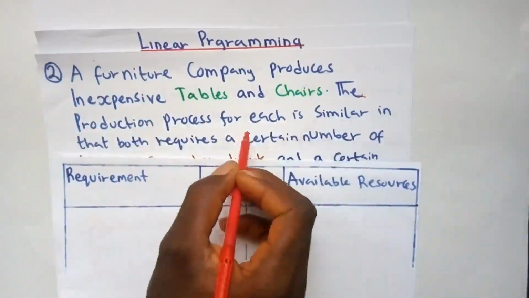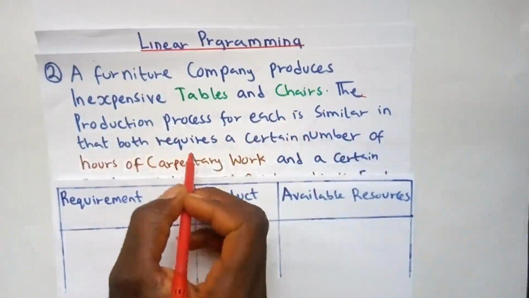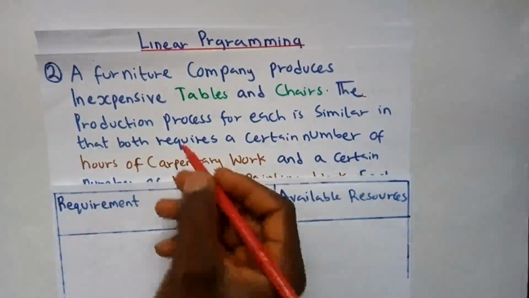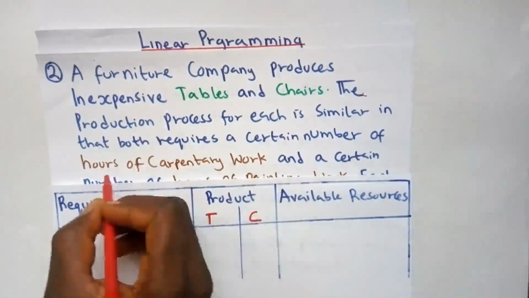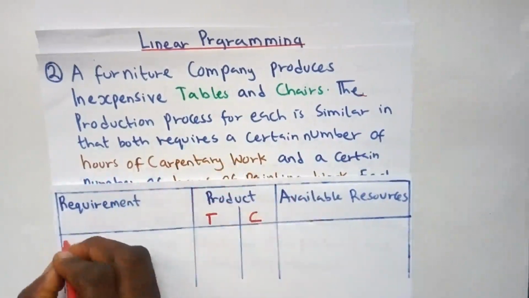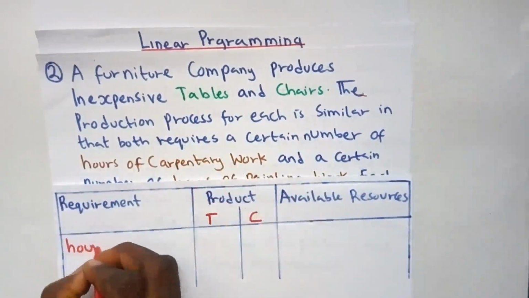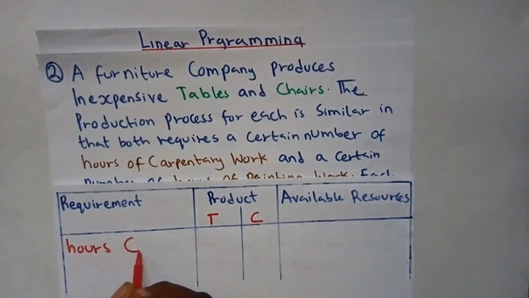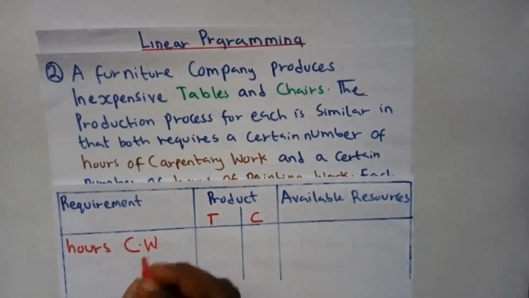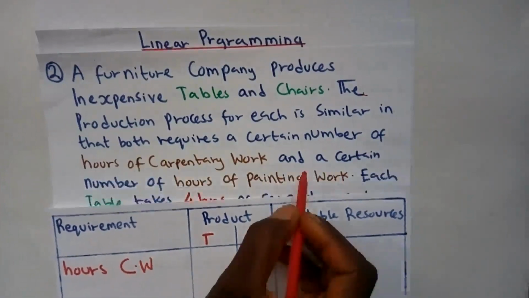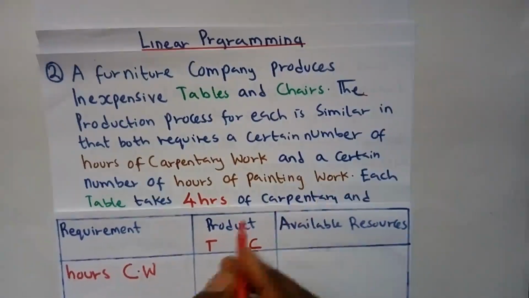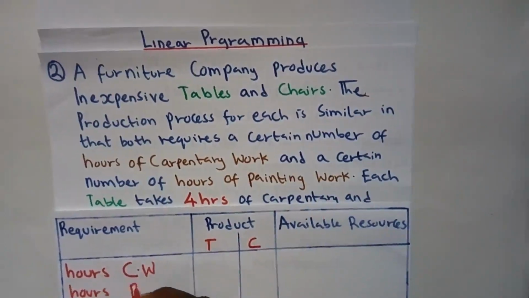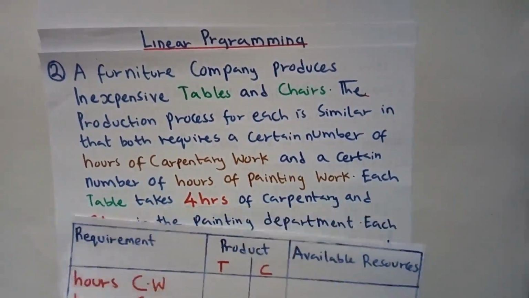The production process for each is similar in that both require a certain number of hours of carpentry work. So the requirement to make a table is hours of carpentry work, and a certain number of hours of painting work.